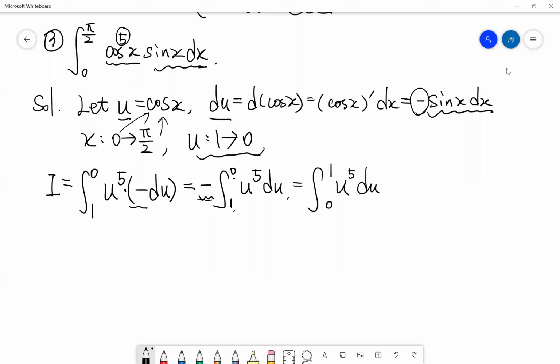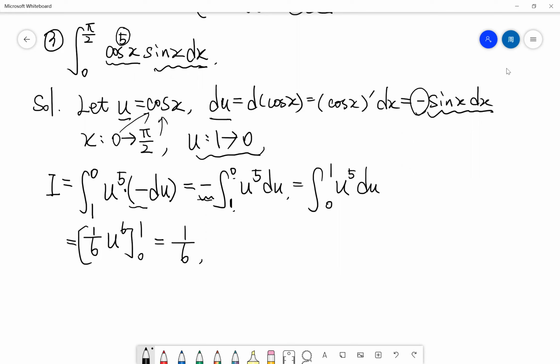And then we can use the formula directly. That means 1 by 6 u power 6, from 0 to 1. So that means 1 by 6. So here is the solution for question number 3.